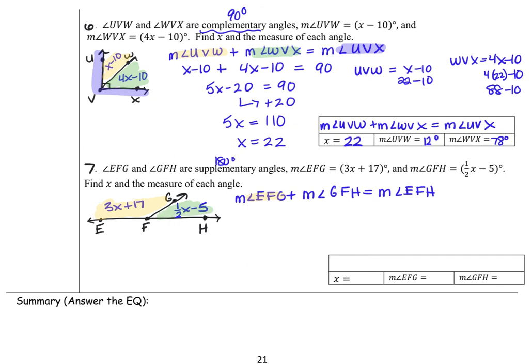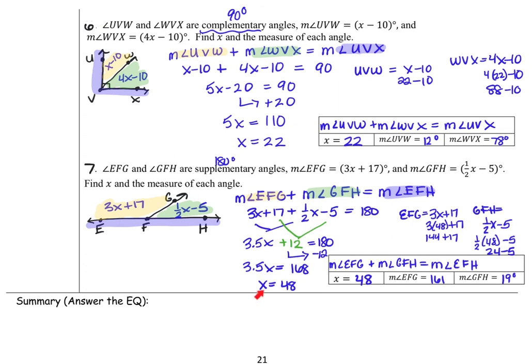GFH is this angle. And then EFH is that straight angle that gives us 180. So go ahead, solve the entire problem on your own. So pause the video, show all of your work, and then restart the video to check your answers.